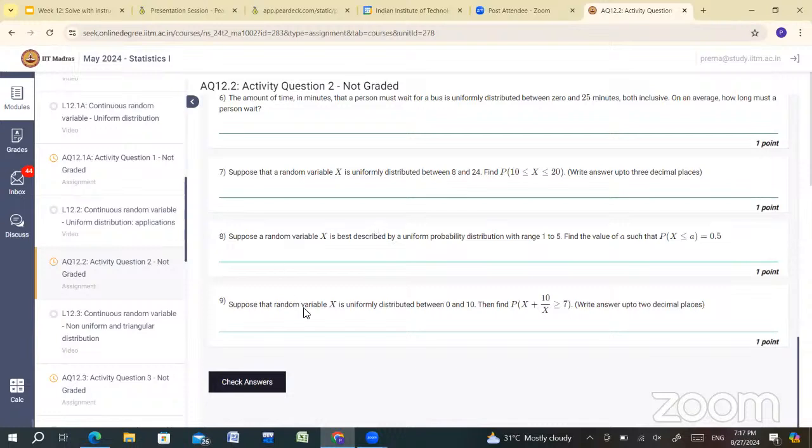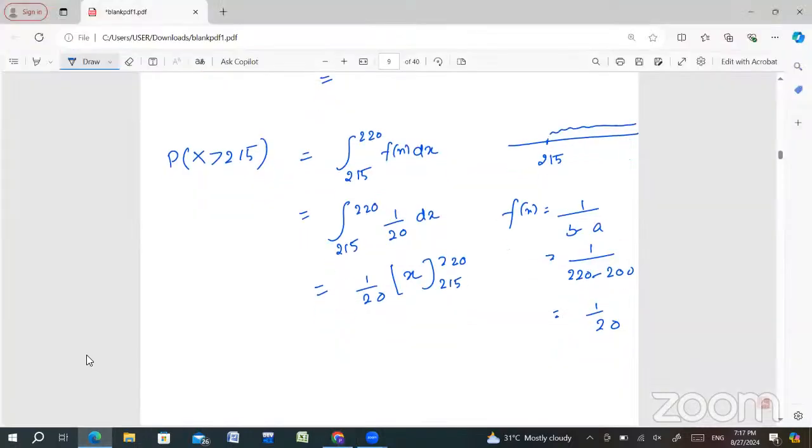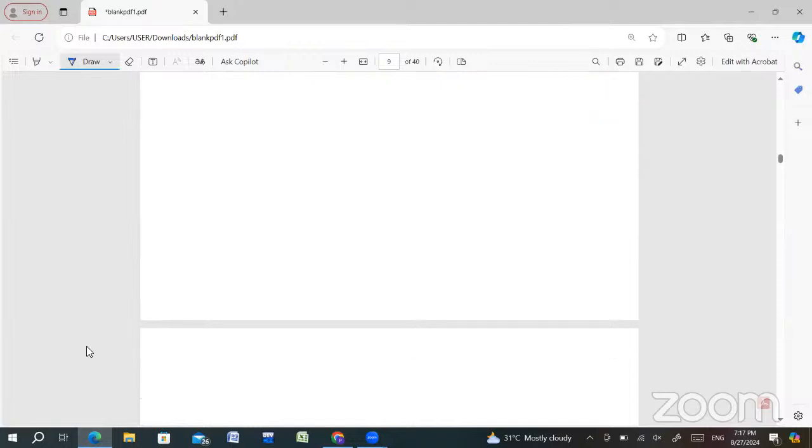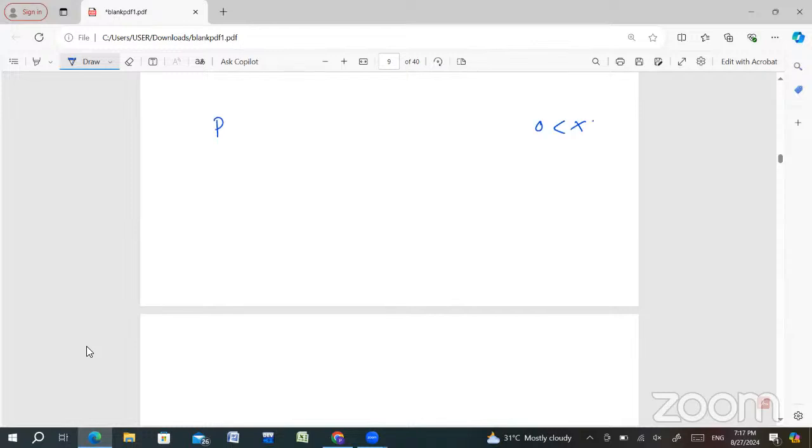We are given that x is ranging between 0 to 10, and we have to find the probability that x plus 10 divided by x is greater than or equal to 7. So x is between 0 to 10, right?